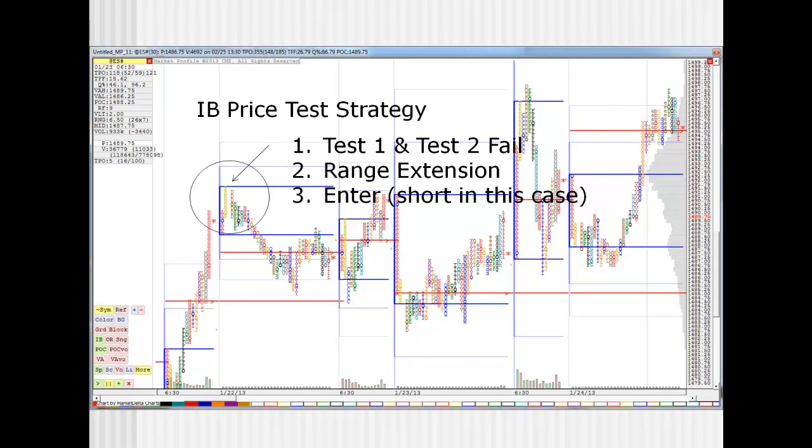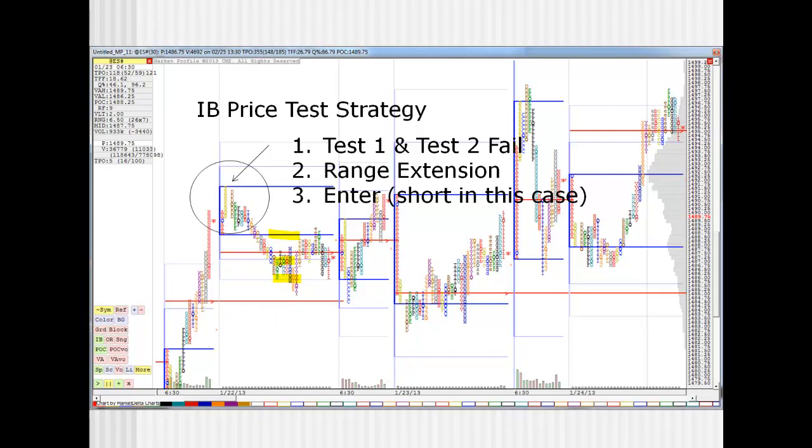And as we expressed earlier, we continue to base our targets on the initial balance levels. We identified our first target as the initial balance low, our second target 150%, third target would be 200%.